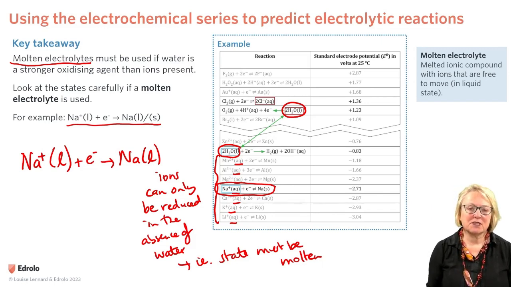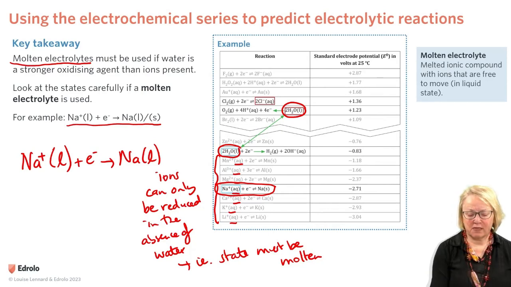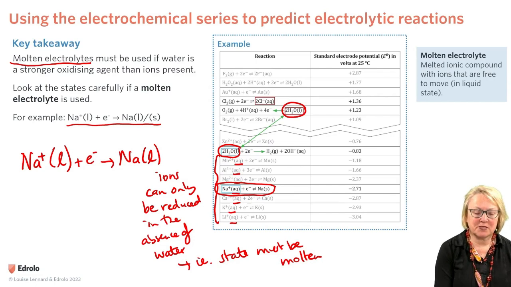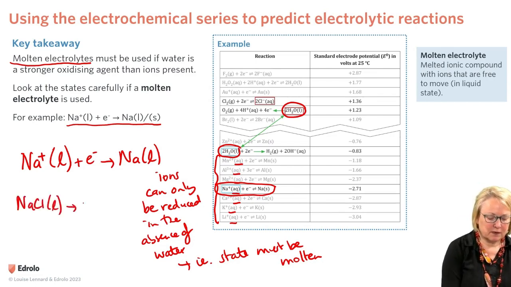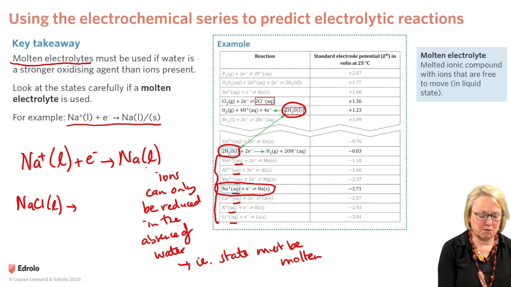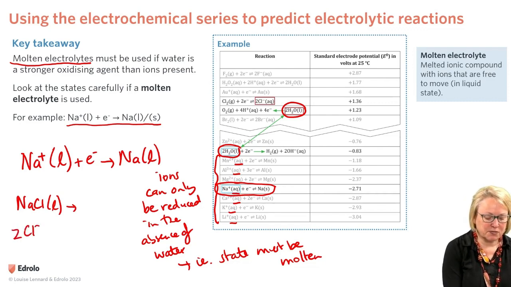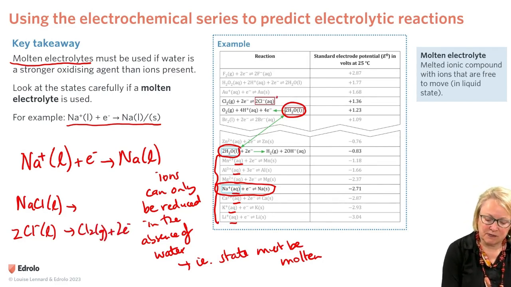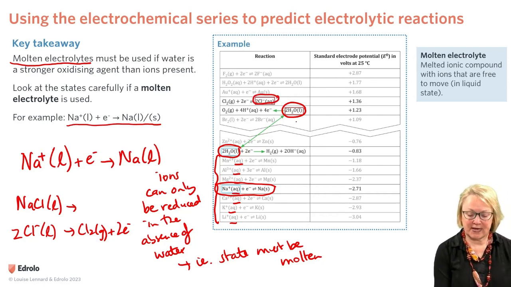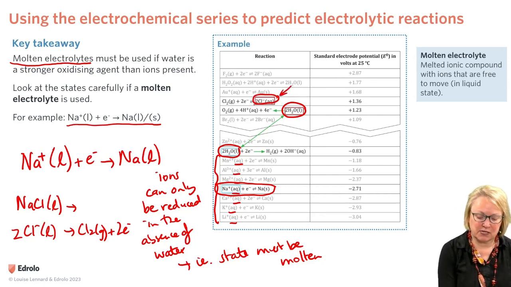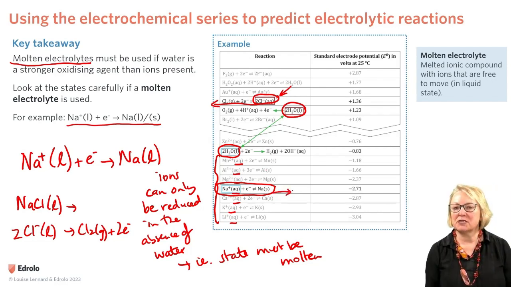The other thing we want to look at is that if we want to electrolyse molten sodium chloride, then we'll end up producing sodium metal, but the two chloride ions will react to produce chlorine gas and 2 electrons. So by excluding water again, we're getting the next strongest reducing agent, we're getting that reaction to occur. So we're getting the molten sodium and we're producing the chlorine gas.